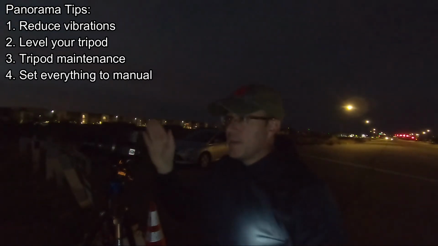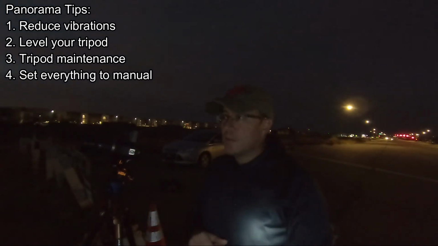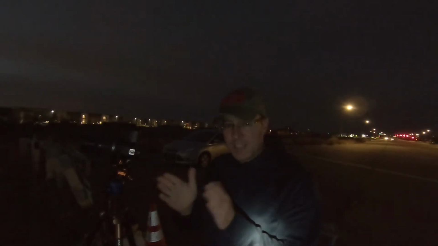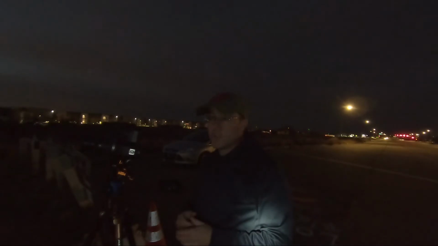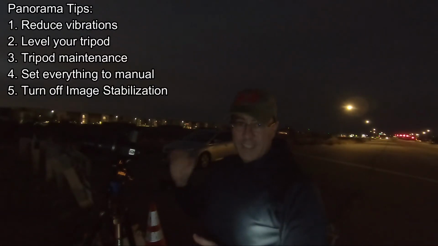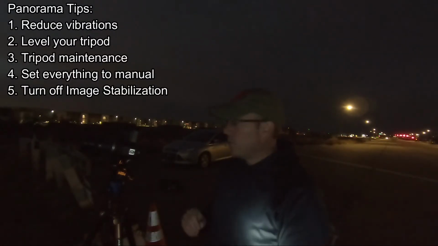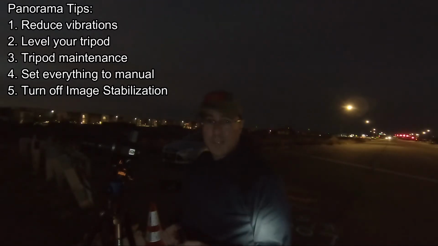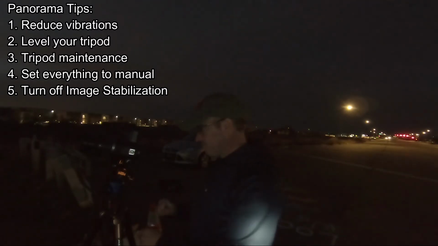That way, as I move the camera around, it's not going to change focus. Now, the reason you don't want that to happen is as the focus changes, it does a slight zooming effect on the lens, and it's going to throw your panorama off. So find your focal point, set it, and turn off the autofocus. Go to manual. Also, image stabilization, turn it off as well.